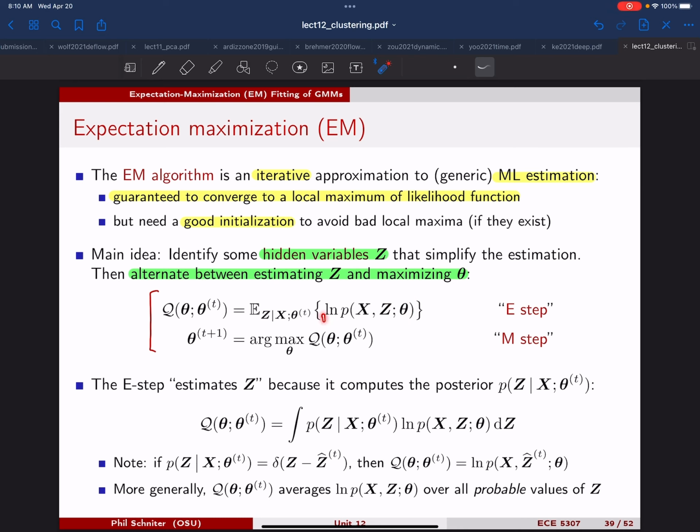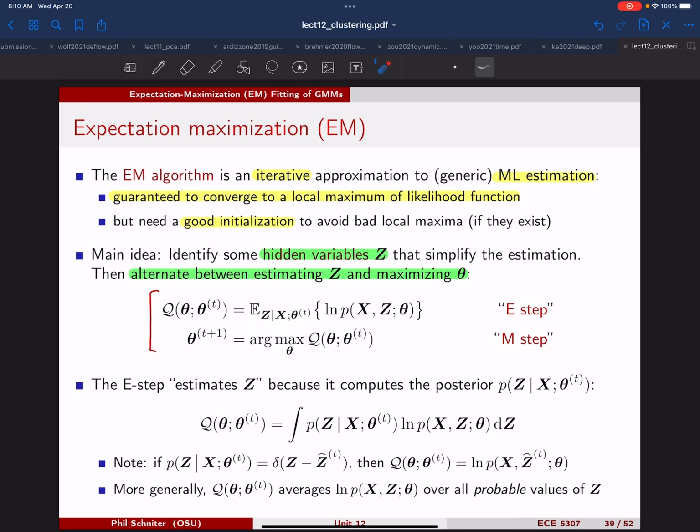So this is just a mathematical expression that we have to know. Then we're going to plug in these random variables, and take an expectation over them. But let's look closely at the form of the expectation. It's the expectation of Z conditioned on X and parameterized by our current guess of the thetas.